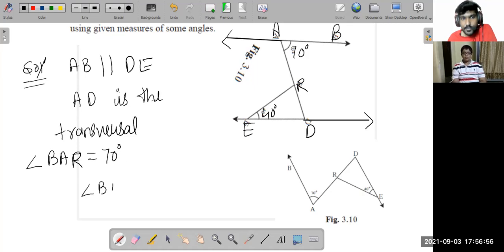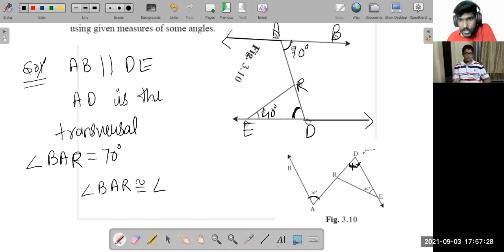BAR and EDR. If you see in the above figure, it is this one and this one.